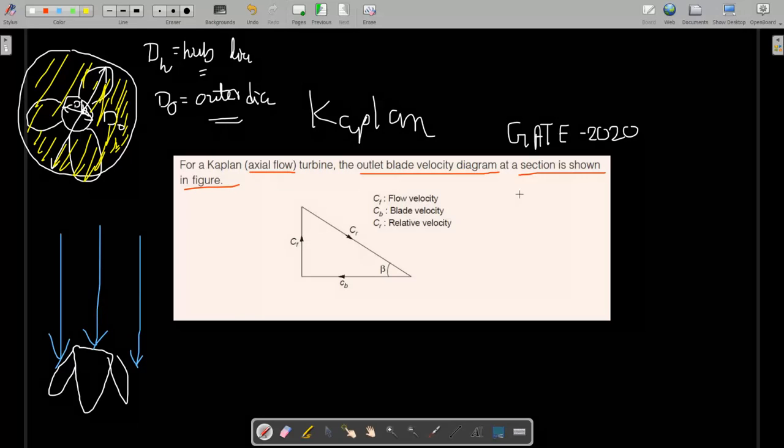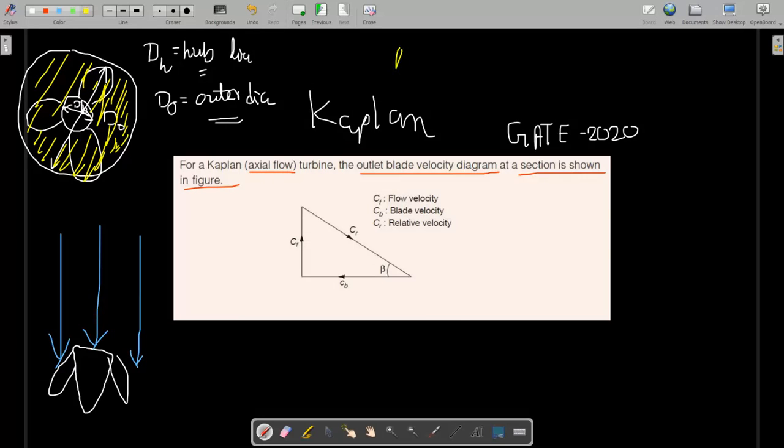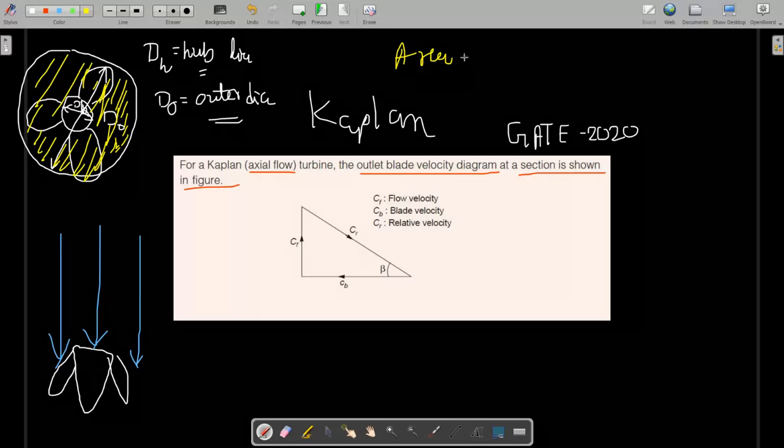So the area of flow is equal to pi by 4 outer diameter square minus hub diameter square.